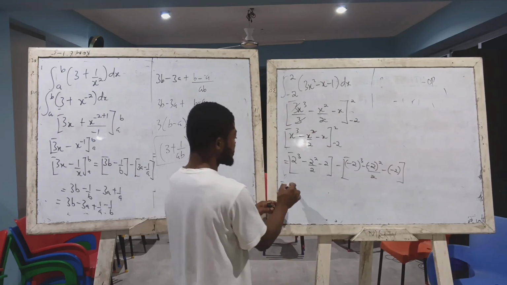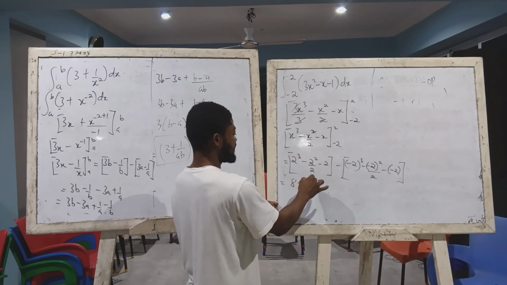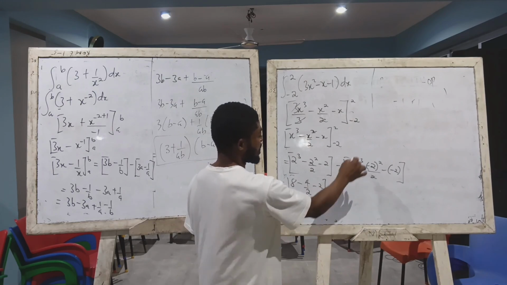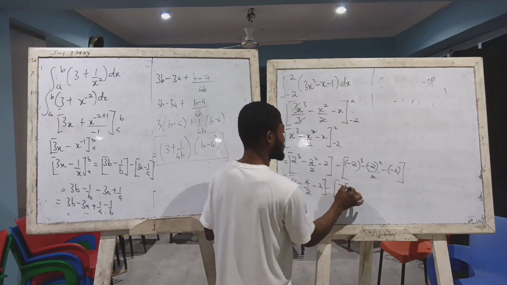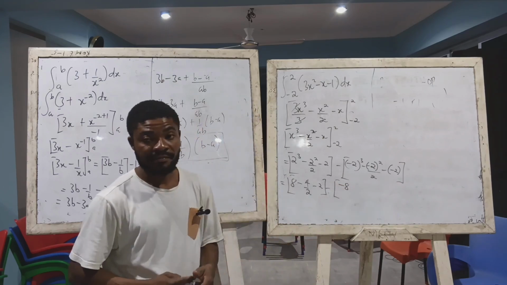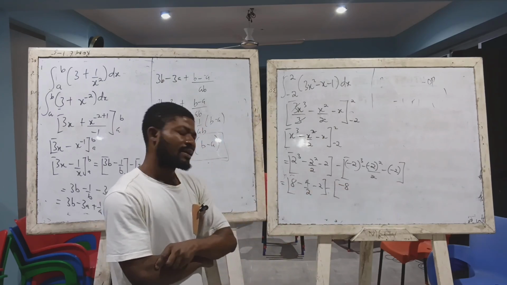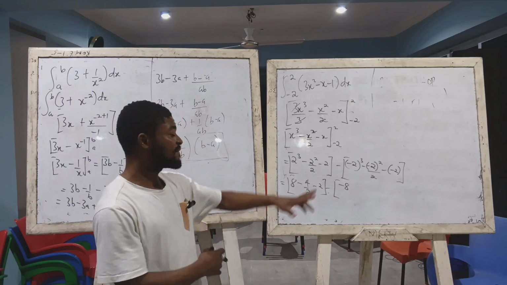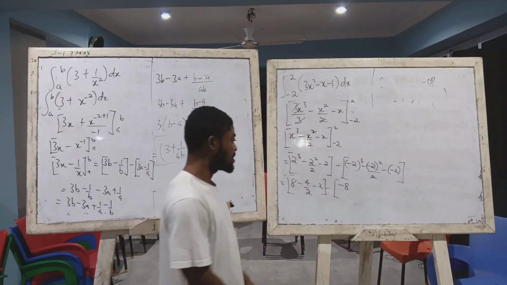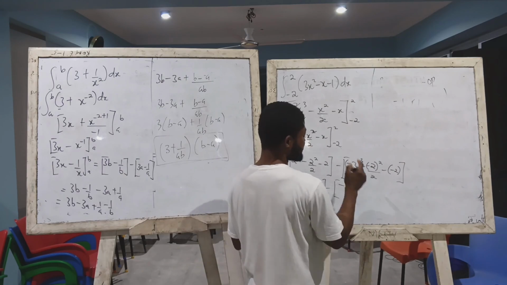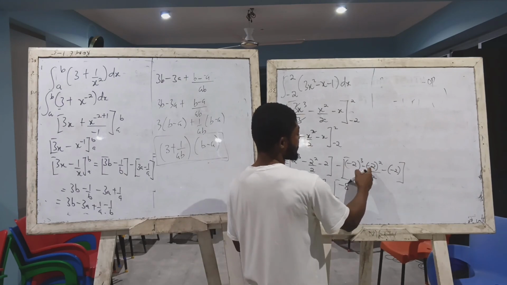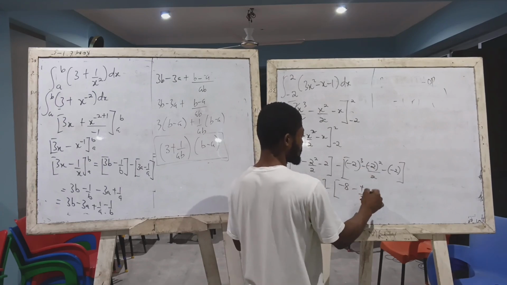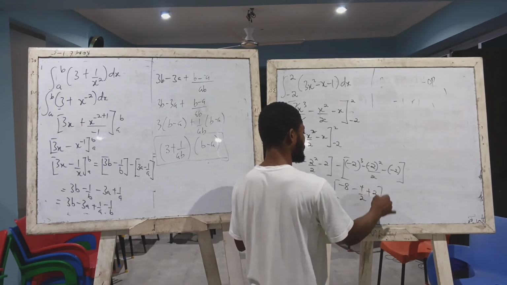And then from here we get 8 minus 4 on 2 minus 2, and then again we get minus 8, because when your power is an odd number, it will be in a negative form if the number is negative. So you take note. And then here is going to be positive 4, but because of this it still remains minus 4 on 2, and then this becomes a plus 2.